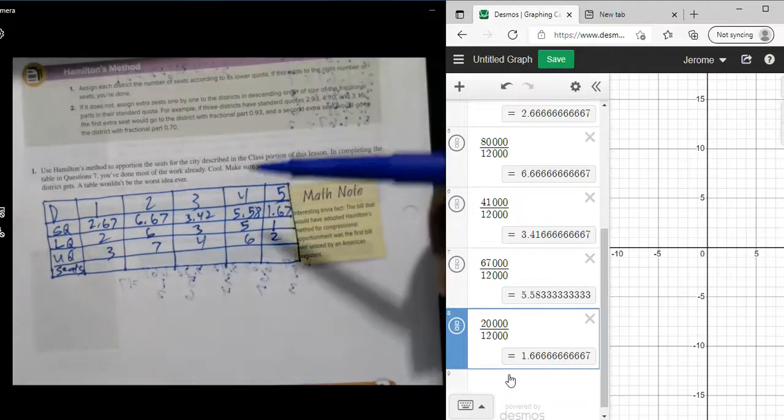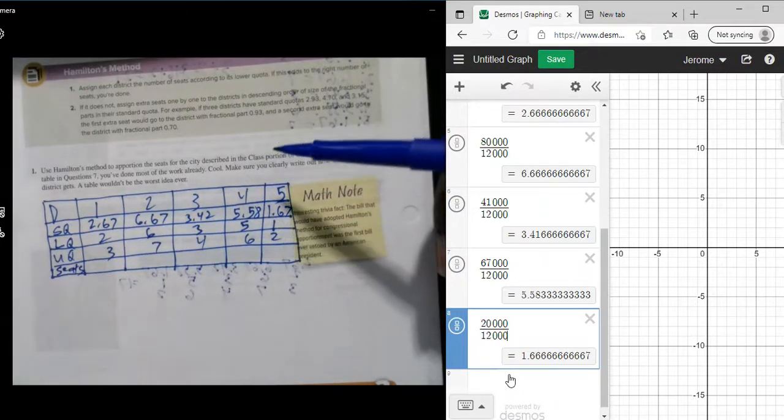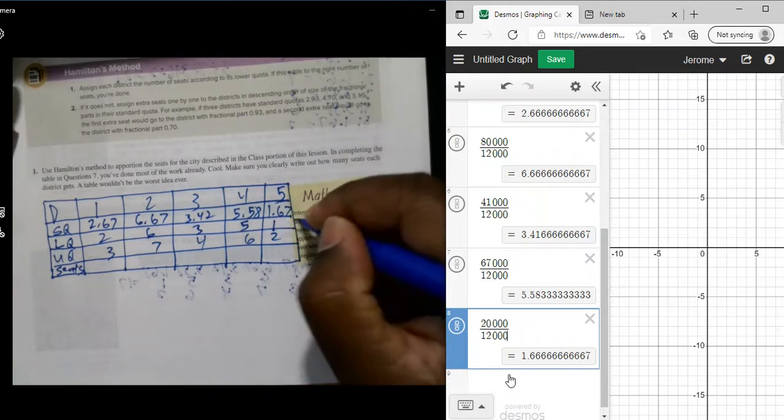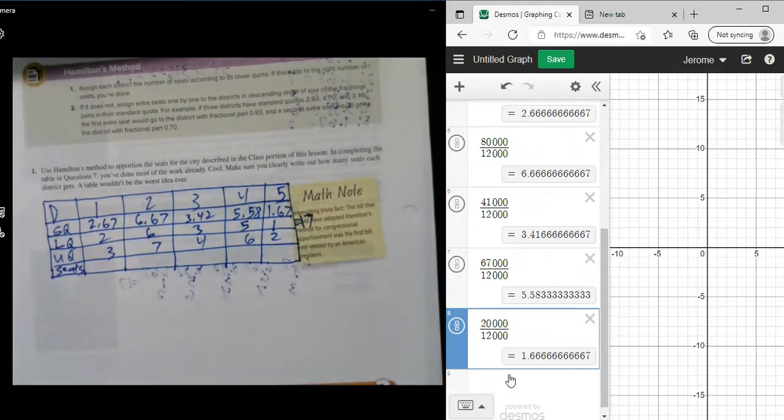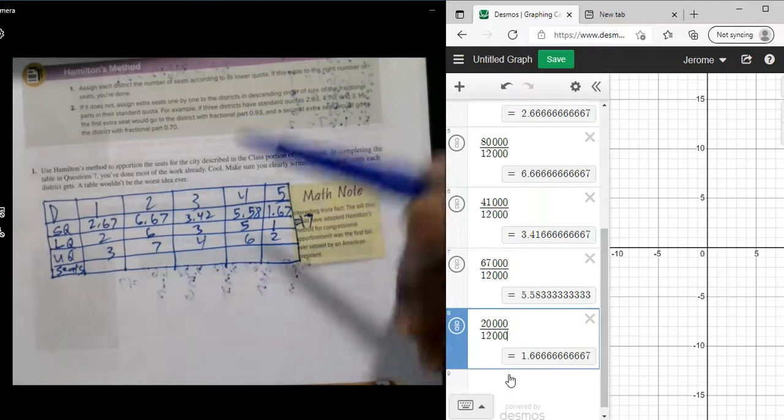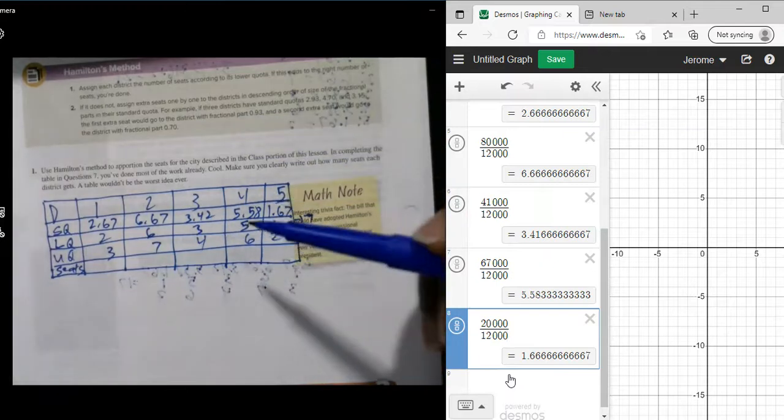All right. Now, according to Hamilton's method, we know the lower quota does not work. Now, what we have to do is decide how many extra seats we need. With the lower quota, this ends up being 17. So that means we need 3 extra seats. So since we need 3 extra seats, we need to go back up to the standard quota. We don't need to look in front of the decimal. We look behind the decimal.